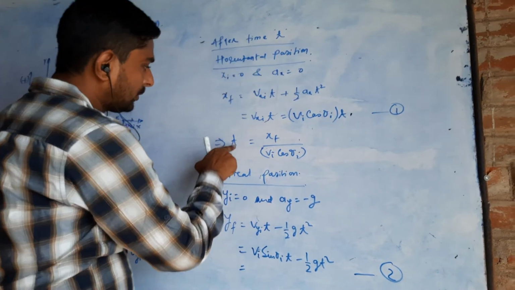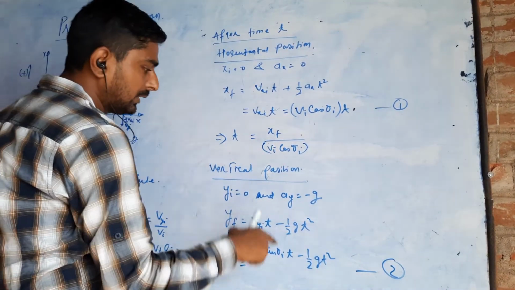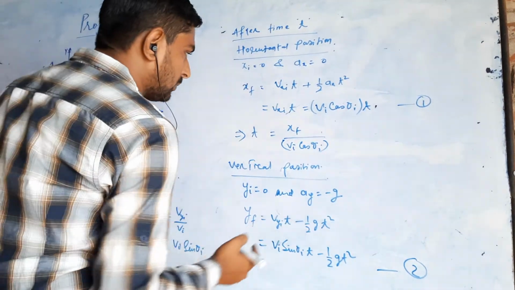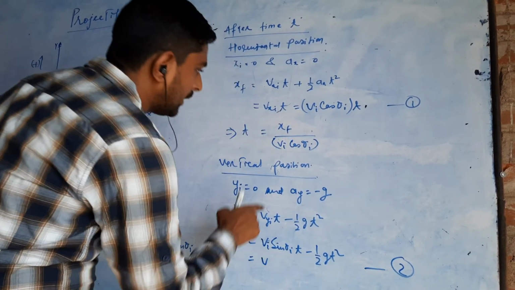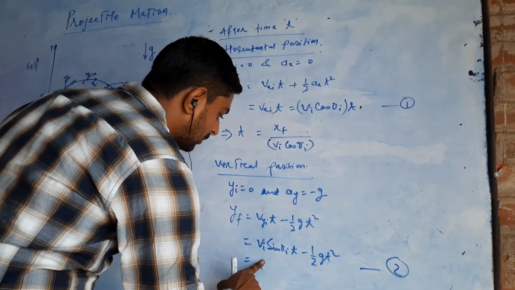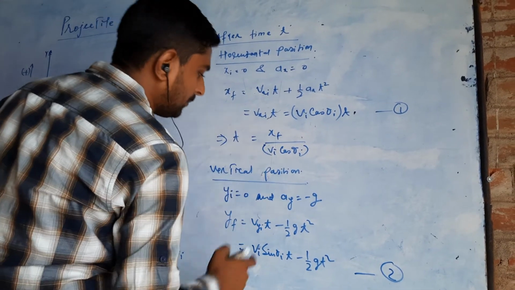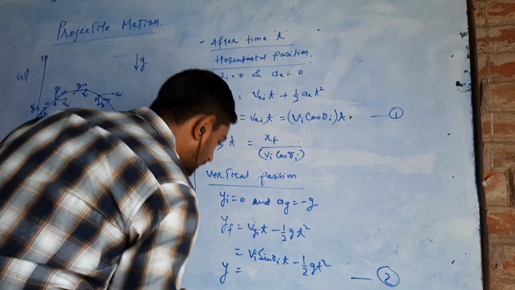If I put the value of t into this equation, vi cancels out.